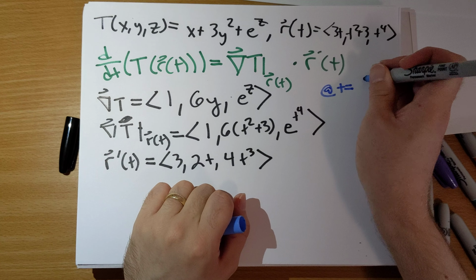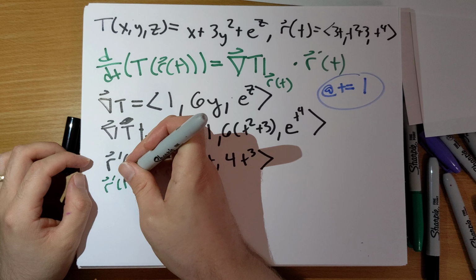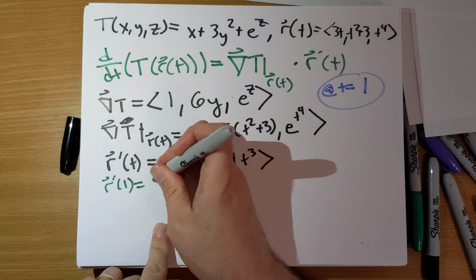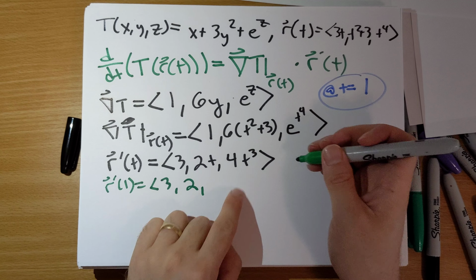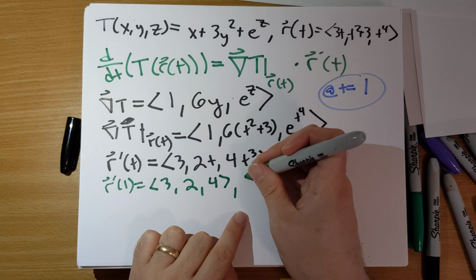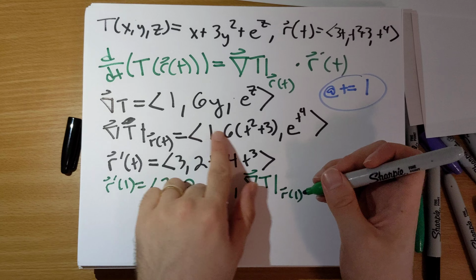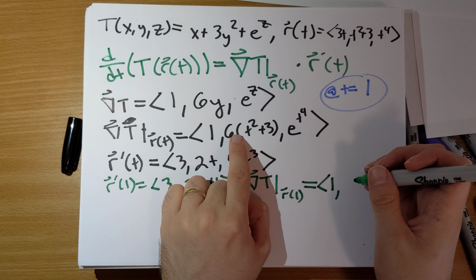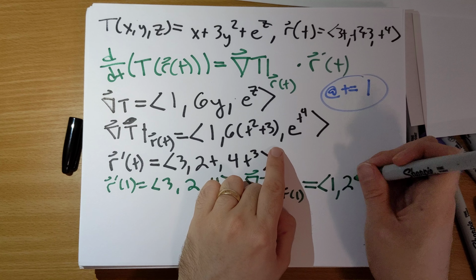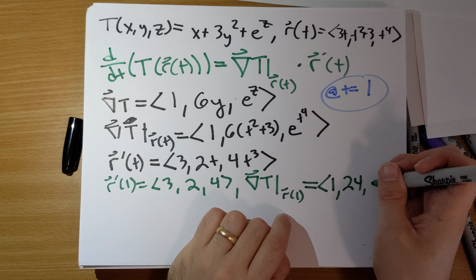So I'm going to compute both of these at t is equal to 1. So r prime of 1 is 3, 2 times 1 is 2, 4 times 1 cubed is 4, and the gradient of T evaluated at r of 1, plugging in t is 1 up here, we get 1, 6 times 4 is 24, e to the 1 to the 4th is e.